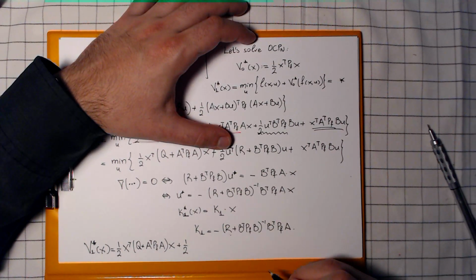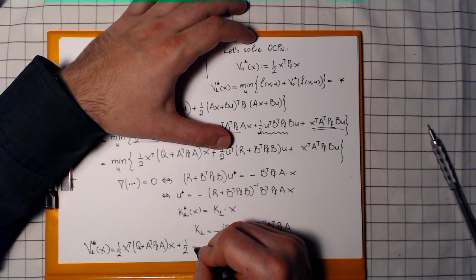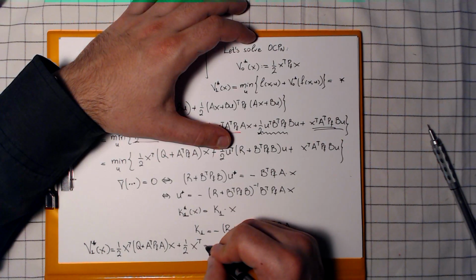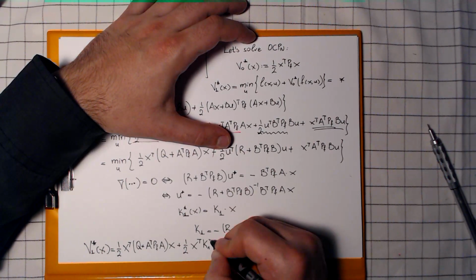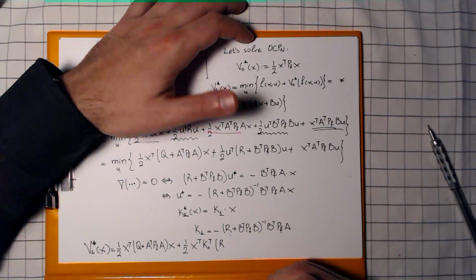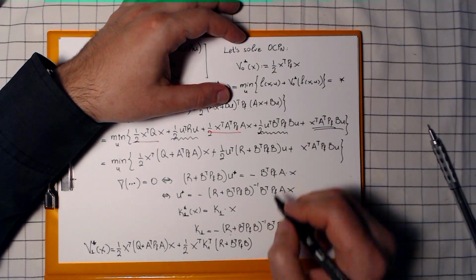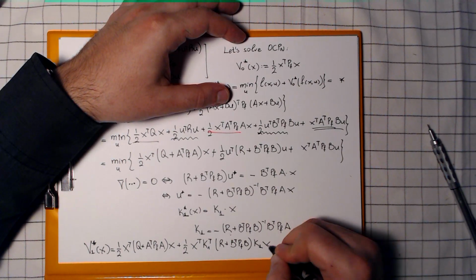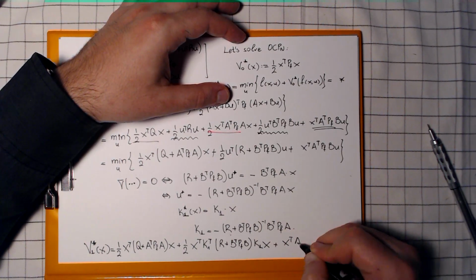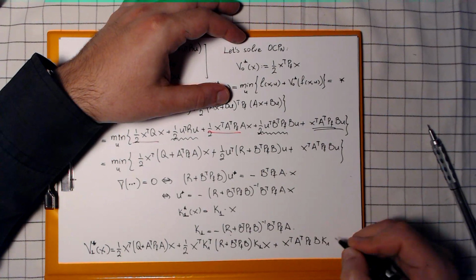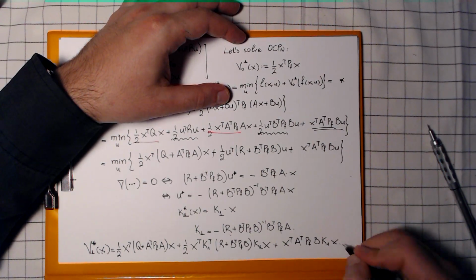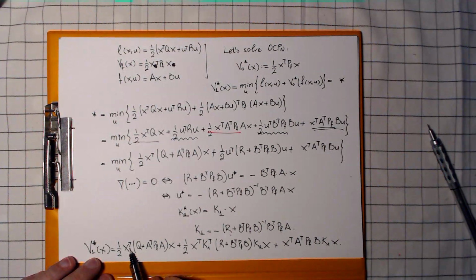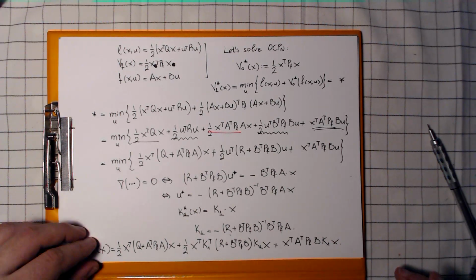Then we have u transpose, but u is K1x. So if you transpose that, x transpose K1 transpose, u again, so this is K1 times x. Then u again, K1 times x. So x transpose x, x transpose times something times x.